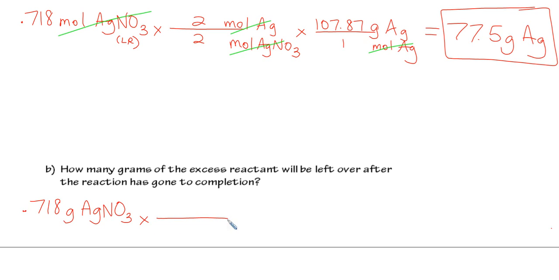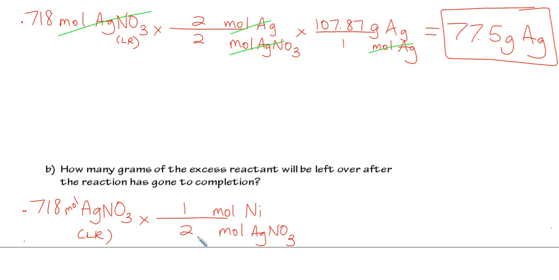So we'll cancel, oopsie, that's not grams, that's moles. Moles. There we go. Cancel moles of silver nitrate. And let's get this over to moles of nickel. And again, this was the limiting reactant, just like above. The ratio from this equation is 1 nickel for every 2 silver nitrate.